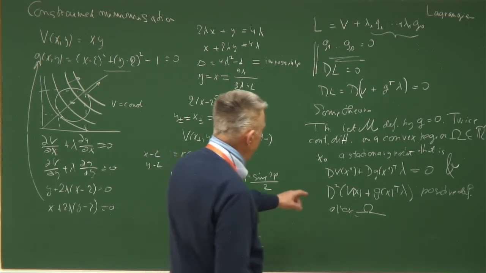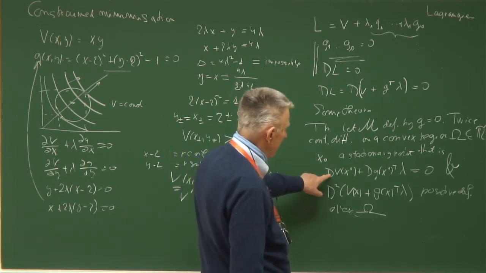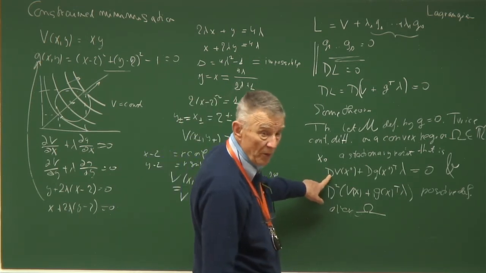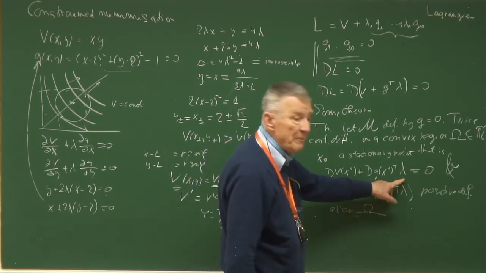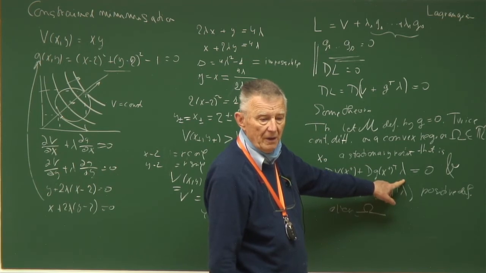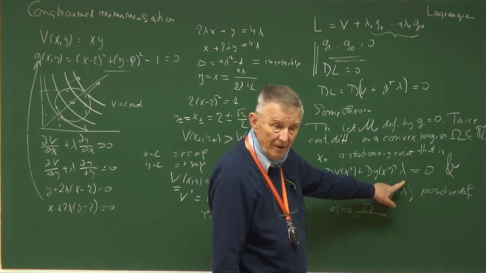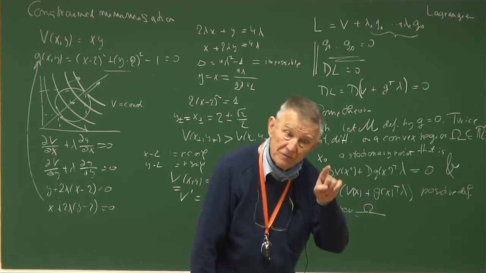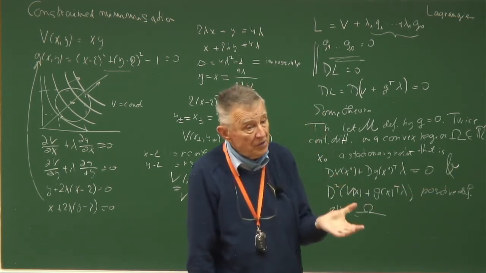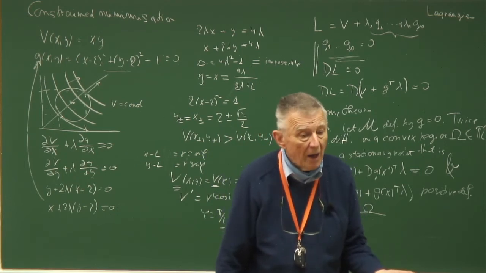You see, once you have solved this, you have a solution. We now suppose we have a solution. So you have also lambda, which is now given. And now you fix lambda, and you let x vary for this fixed lambda. And you get a function just on omega.